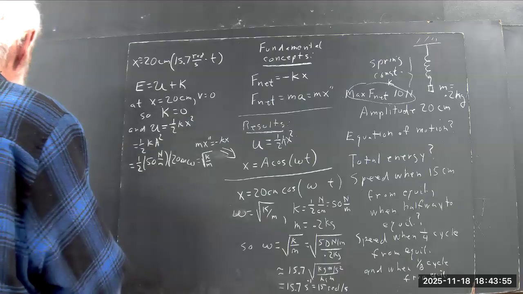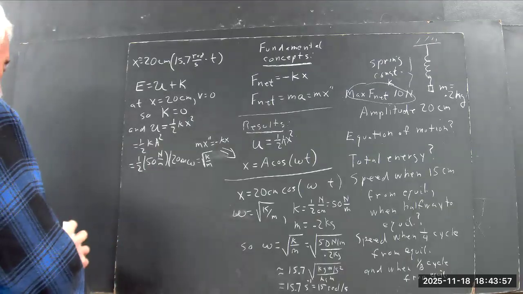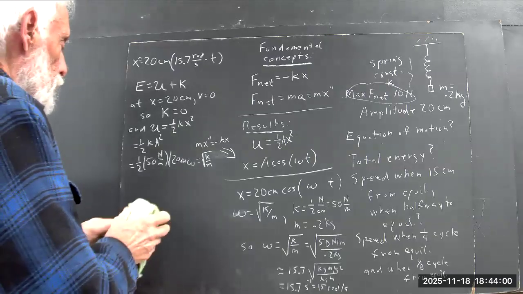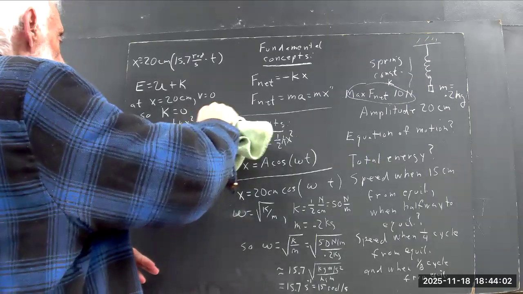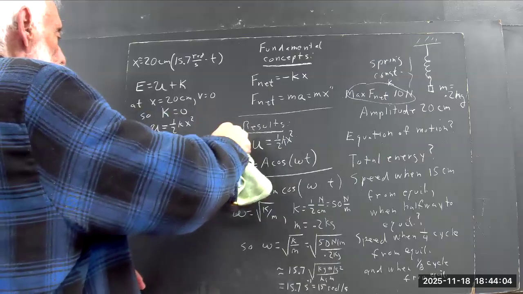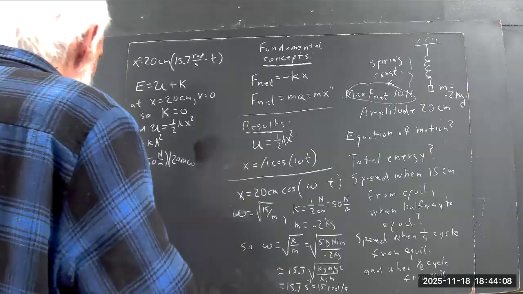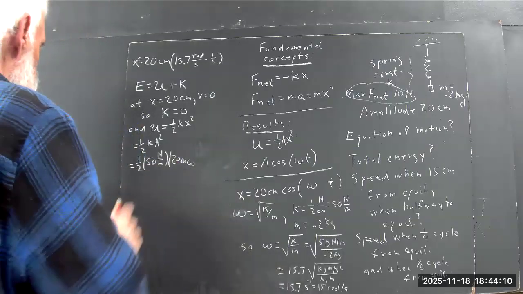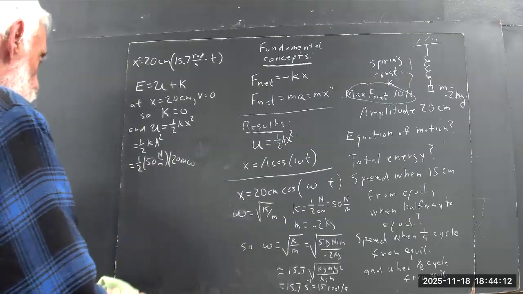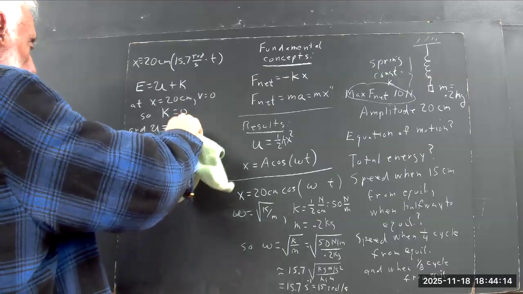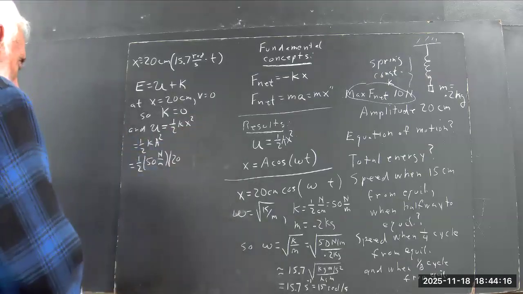And I'm going to need a little space here, so I'm going to have to erase this little side note I made. Make sure you understand where this comes from. Okay, so let's get that a little later.